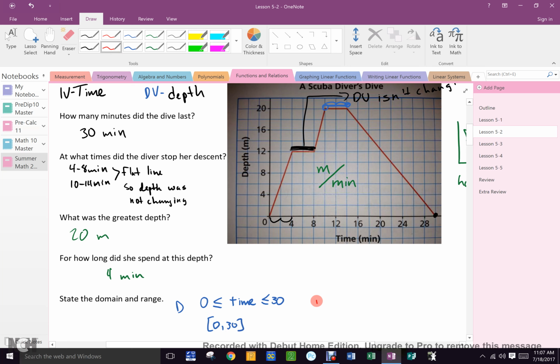What's the range? Zero. What goes here? Depth. Excellent. And I can write it as 0, 20.